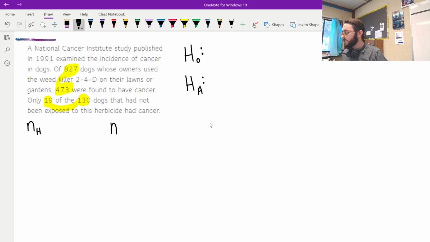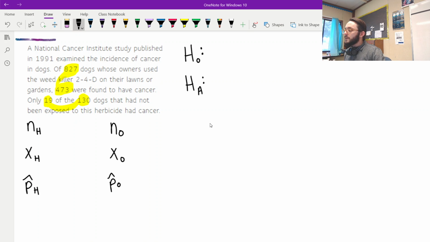So N sub H and N sub O for organic. So that means we'd have X sub H, X sub O, and then we'd have P hat sub H and P hat sub O.